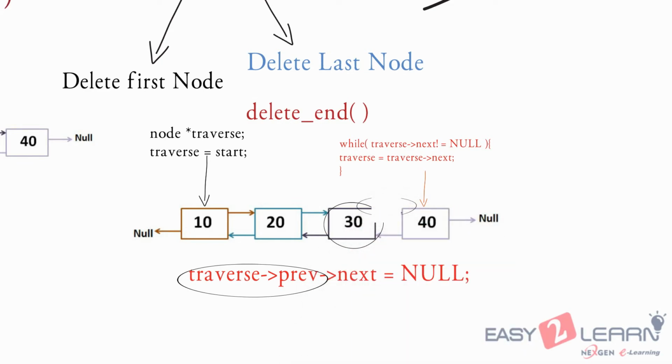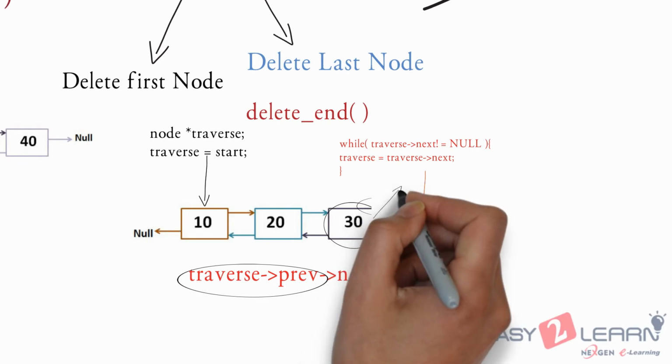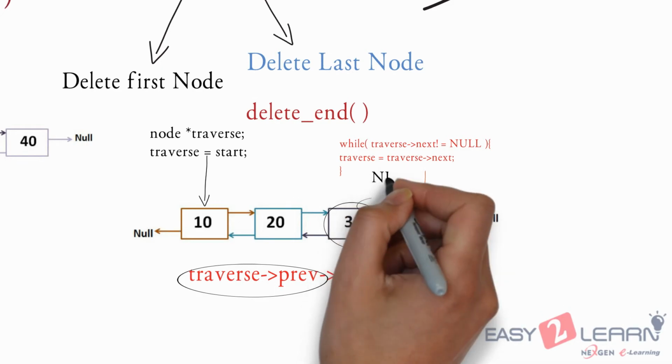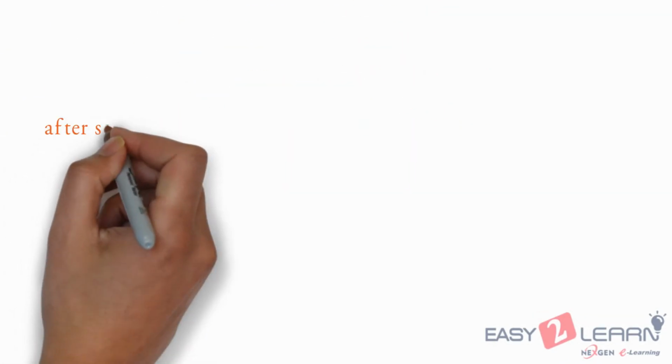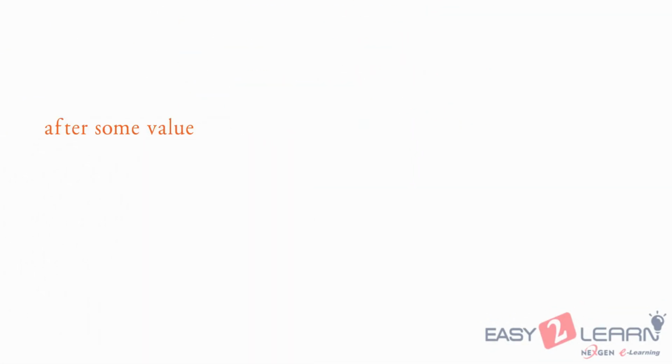This node points towards the null. That's it. What should I delete? Yes, I'll delete the traverse node. Now obviously the next pointer of the previous node should point towards the null.